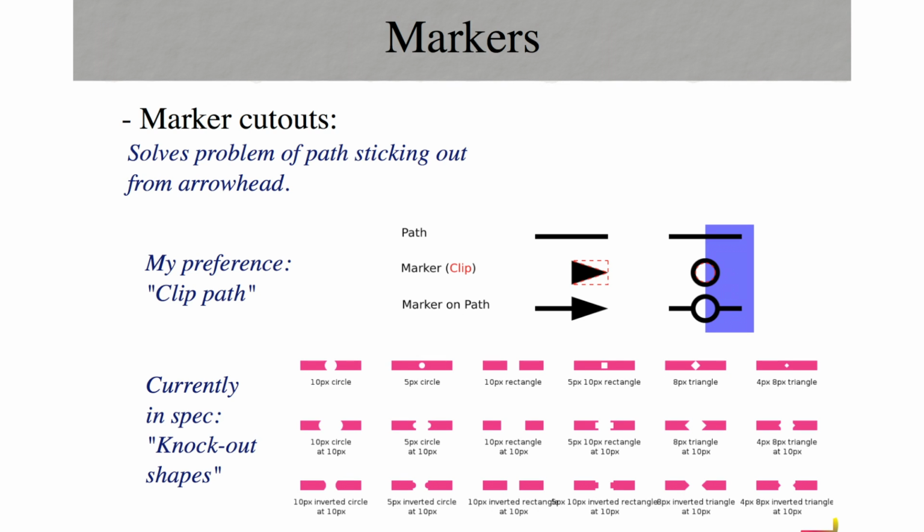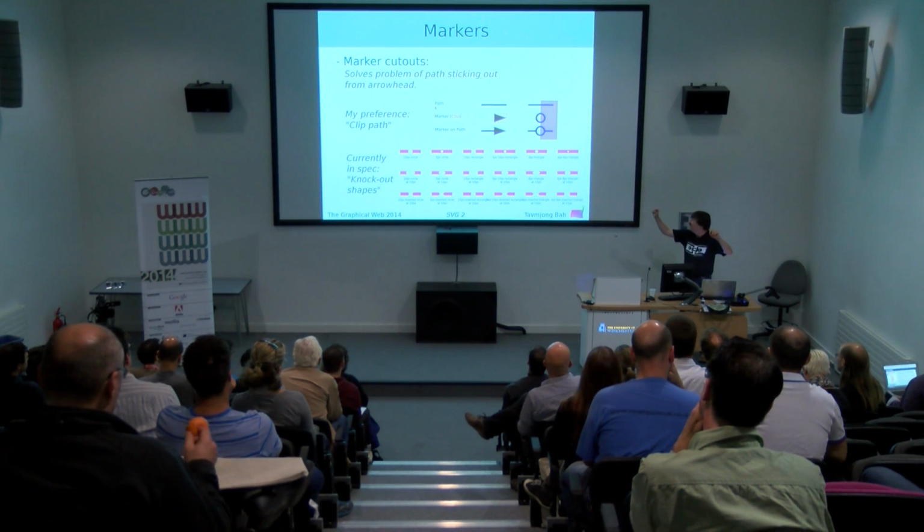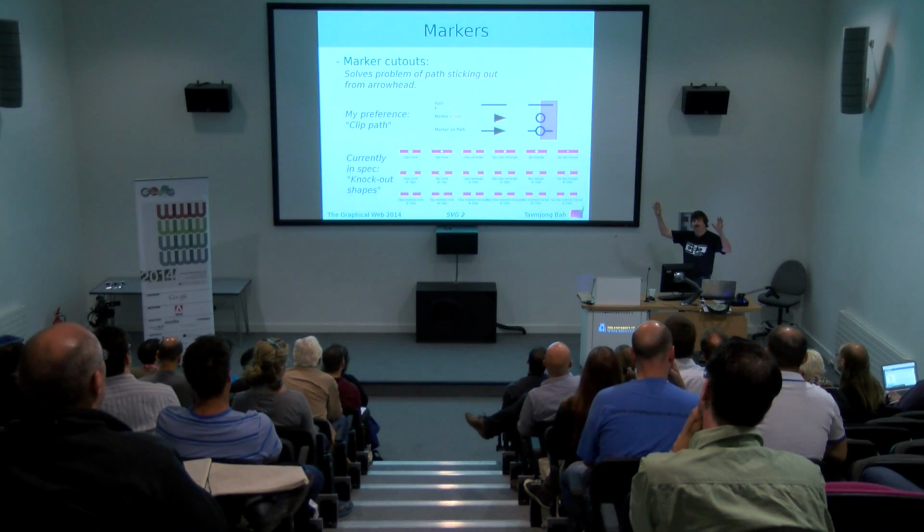Turning to markers, in the SVG2 specification right now, there are marker cutouts. And we're still discussing exactly how to do this. This solves the problem of you define a line, usually from point A to point B, and then you want to put an arrowhead on it.